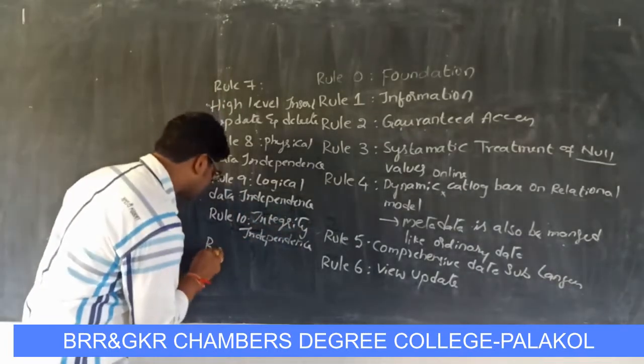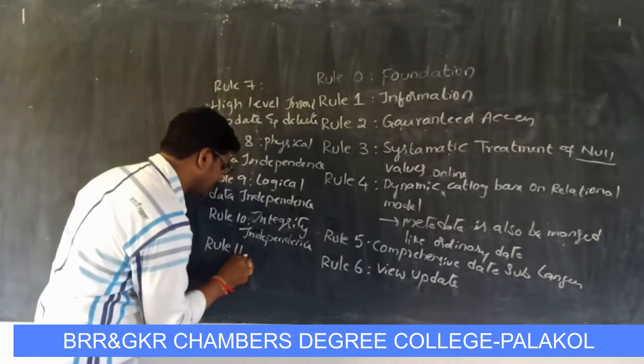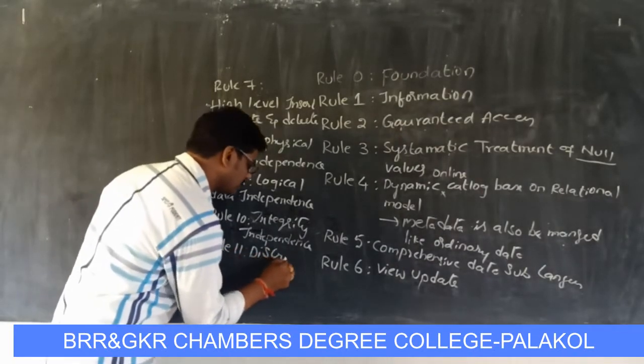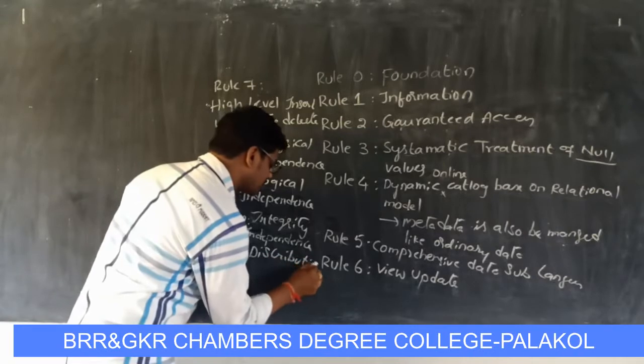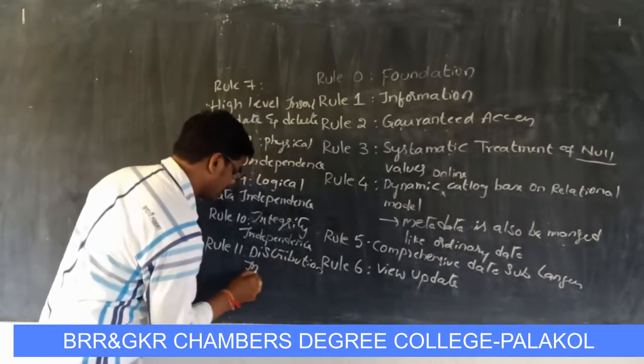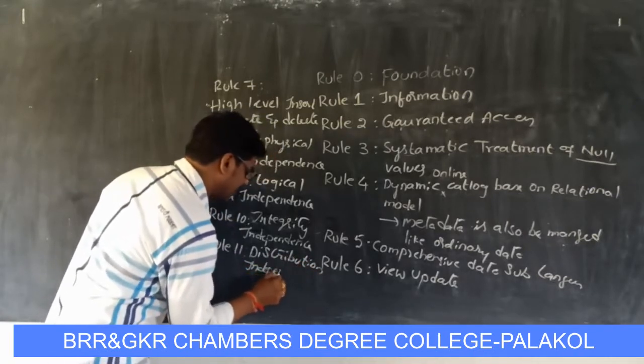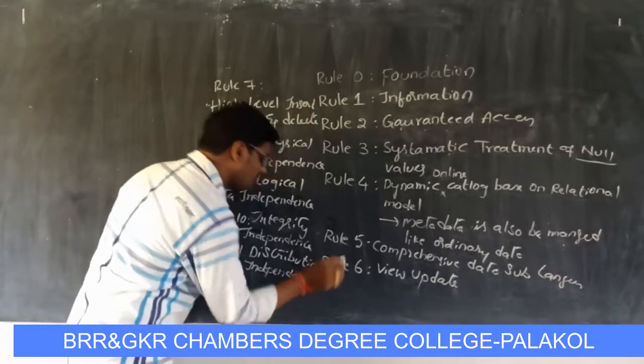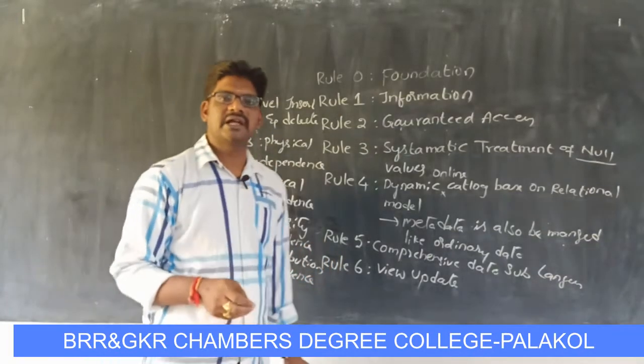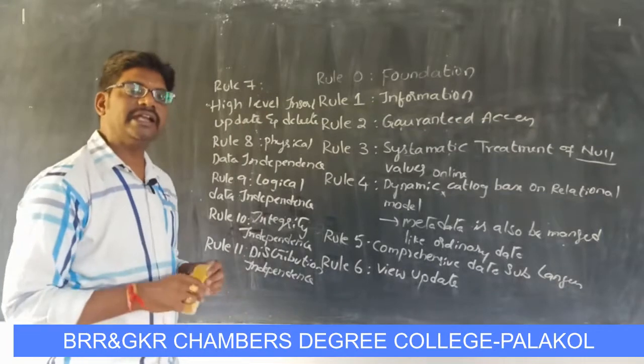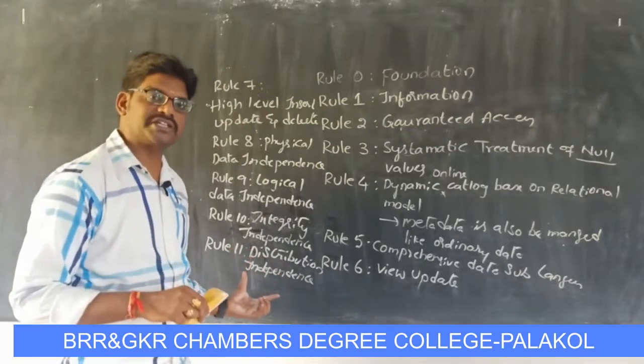And next one is rule 11, distribution independence. What does distribution independence mean? The database is independent of its storage locations.